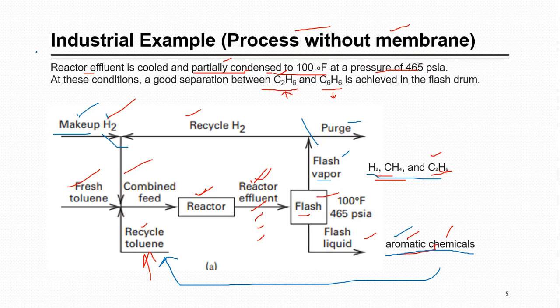Makeup hydrogen means hydrogen used to make up the deficiency, because some hydrogen is used inside the reactor and will not be available here. So in order to meet the partial pressure of hydrogen which he has mentioned, you have to introduce some fresh hydrogen from here. But in this system, as I asked you to suppose, we are not purging anything.